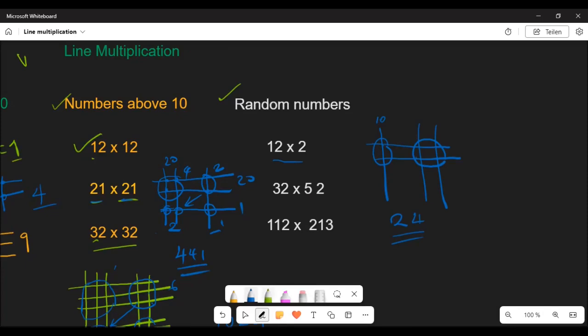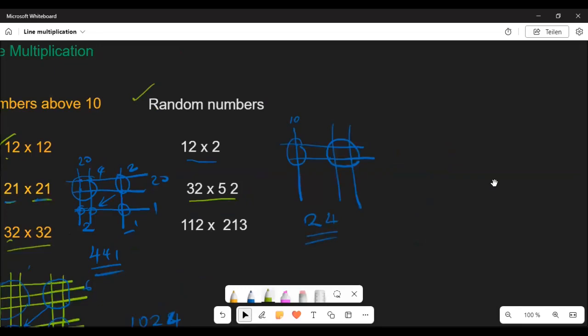Let's look at 32 multiplied by 52 and see how we can easily compute that. So then we have 3. Let me just have a barrier here so that we have 3. So we're going to have 1, 2, 3.